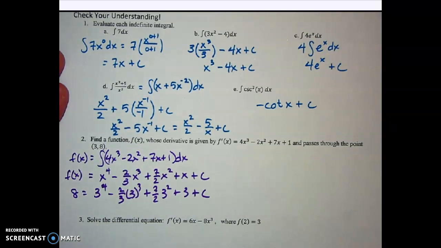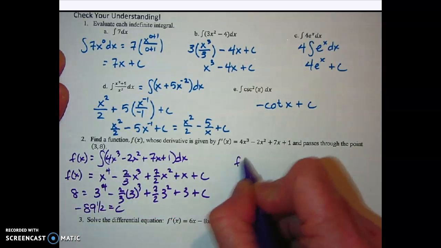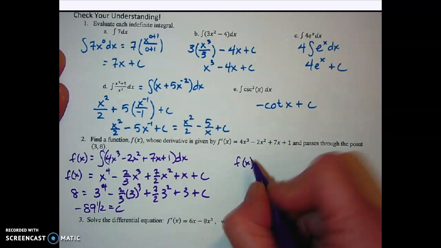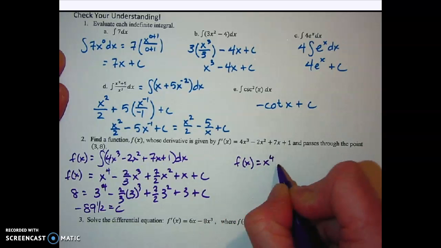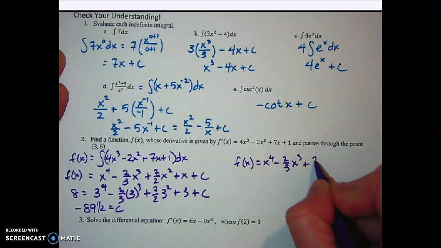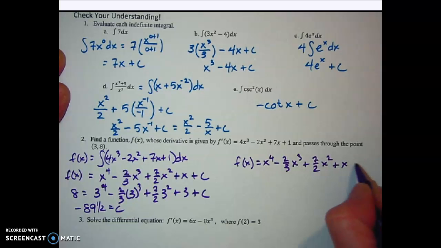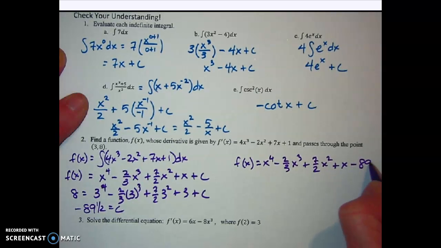When I pop all that into the calculator and I do all this work, I find that negative 89.5 is my c. So therefore I can write my function as f of x equals x to the 4th minus 2/3 x cubed plus 7/2 x squared plus x minus 89.5.